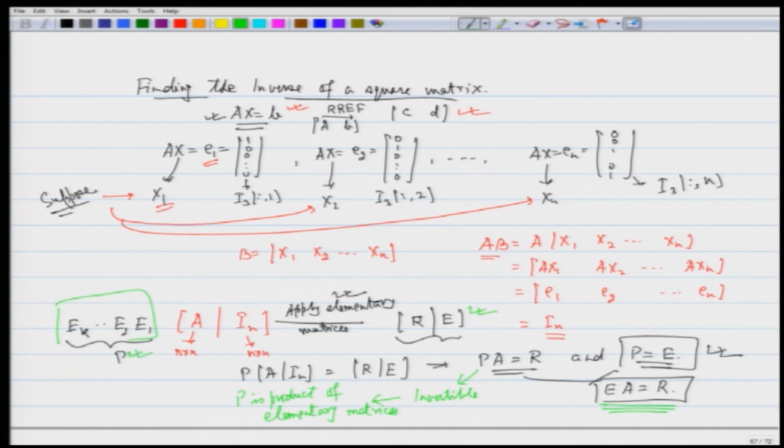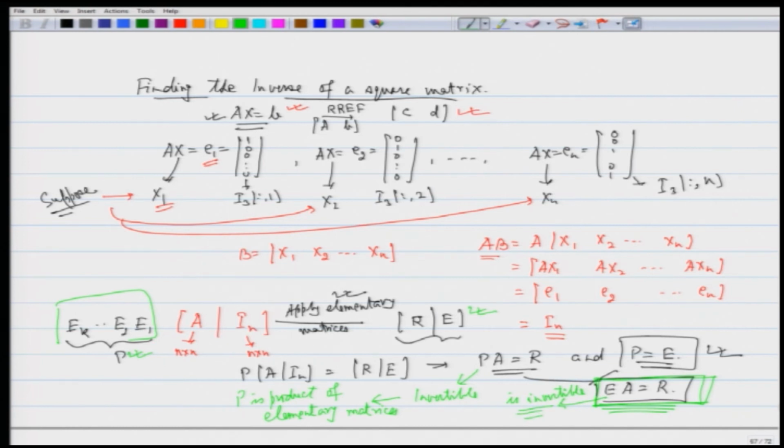So, P times the matrix A and In gives me R comma E. I look at the two matrices separately, it gives me P times A is R and P is E. Since P is E, these two together give me E times A is R, fine. And P is a product of elementary matrices, so P is invertible, so E is invertible, fine. E is invertible. That is very, very important, all right.